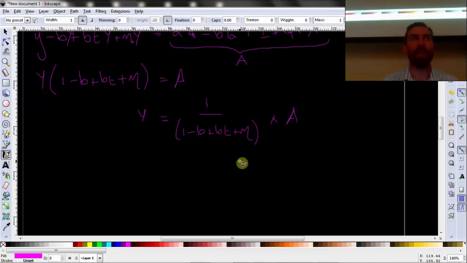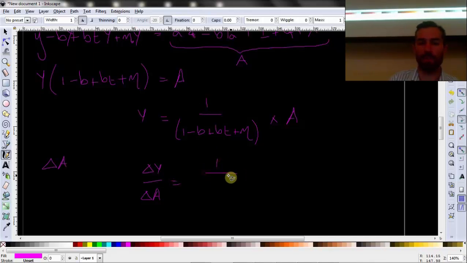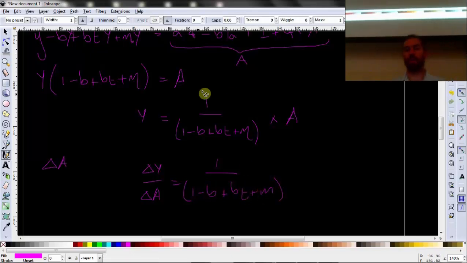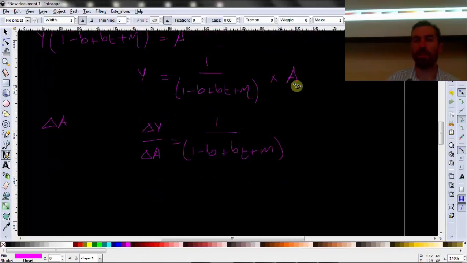So if there's a change in any of those components of A, in other words, if there's some change in A, well, we know from basic calculus that change in Y over change in any of the exogenous variables is going to just be equal to the multiplier, or coefficient, shall we say, in front of that autonomous variable.